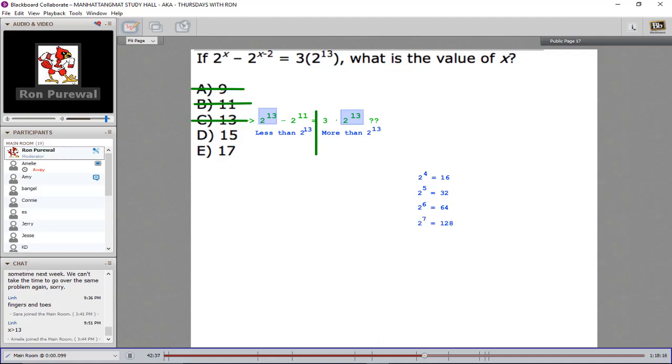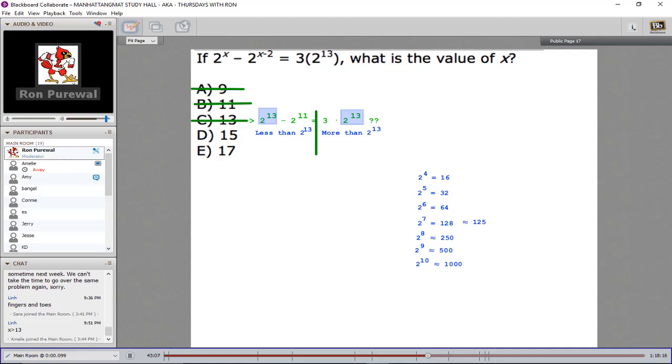This is approximately 125. So then 2 to the 8th is approximately 250. 2 to the 9th is approximately 500. If the answer choices were close enough together, then you might have to actually calculate these exactly, but they're not really that close.